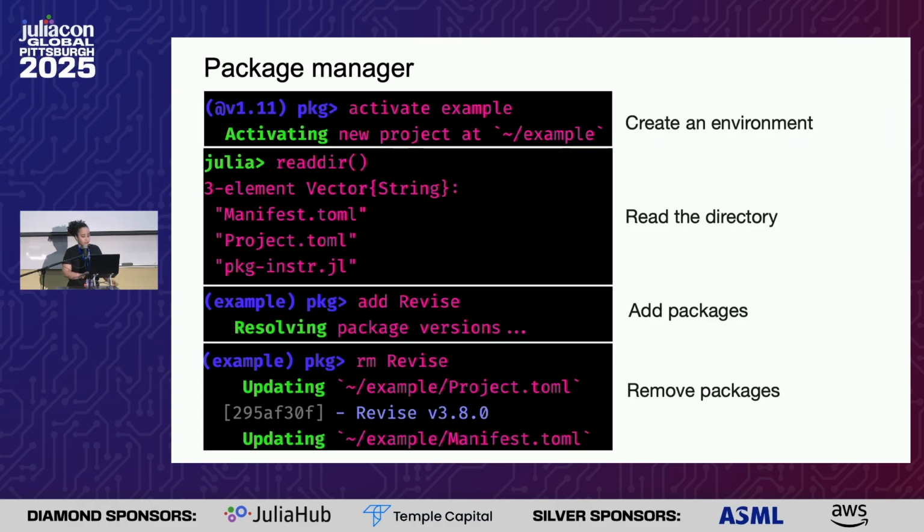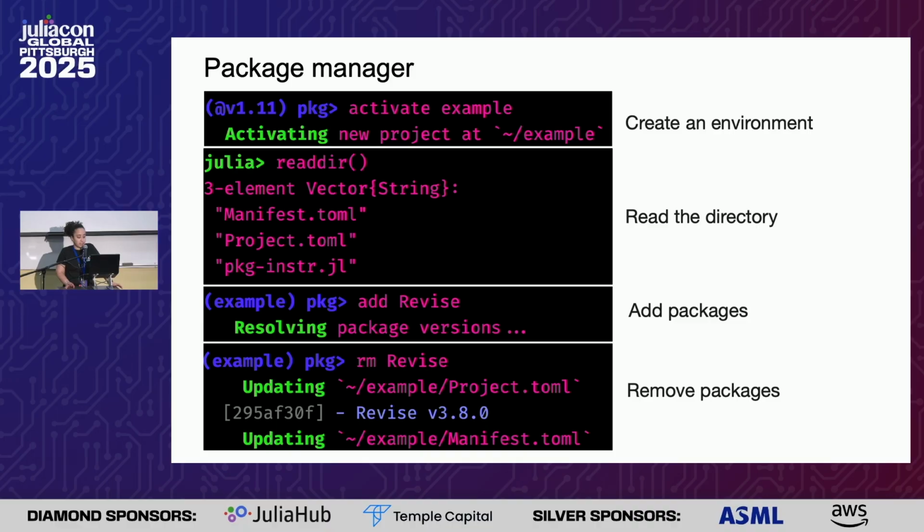So the first thing, you can access the package manager through your REPL. There is a mode in your REPL that you can use to just use the Pkg. So if you type a square bracket in your REPL, you are going to access the package manager.